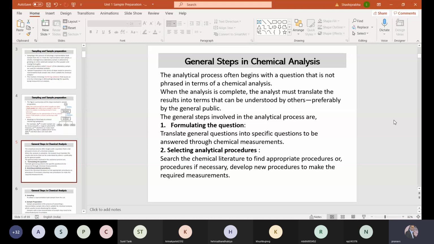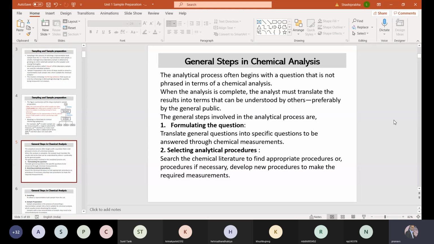The next step is selecting analytical procedures. Now, when you look at the chemical literature available or analytical literature available, you will find hundreds and thousands of procedures which are available to analyze, for example, aqueous samples or non-aqueous samples.